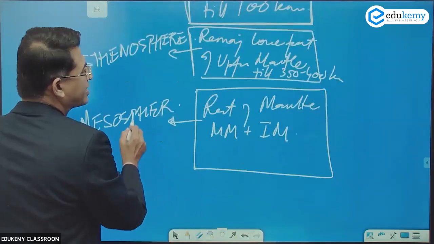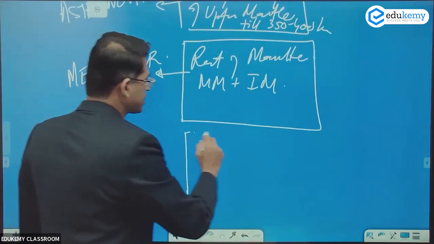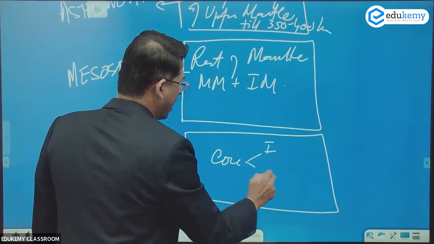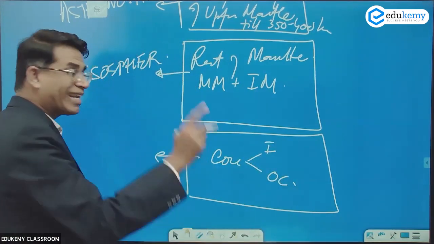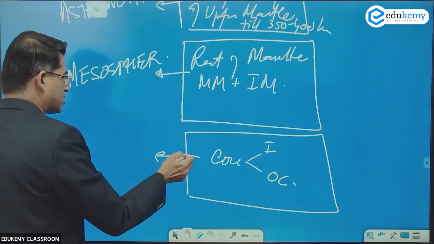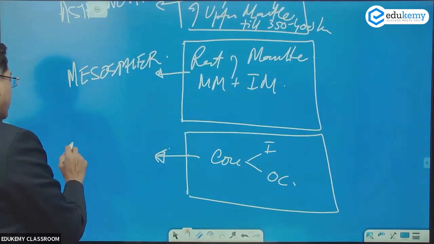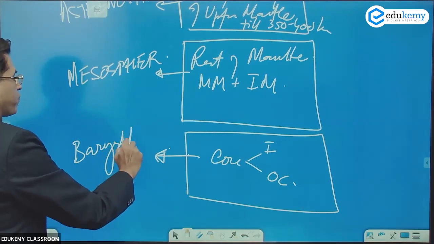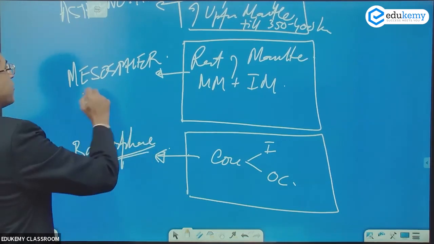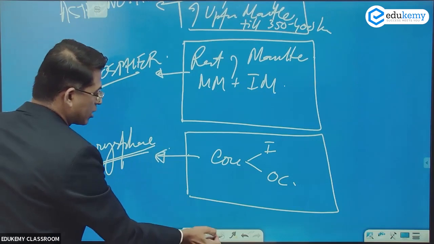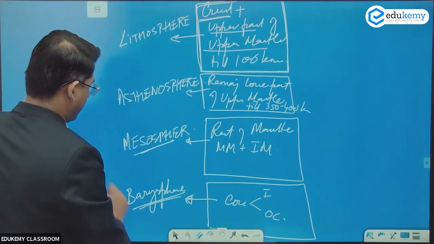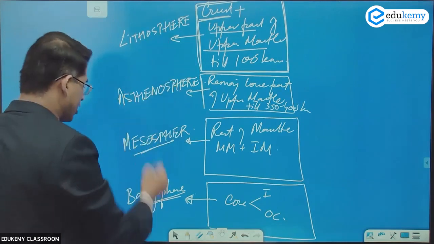And what is the rest? और क्या बचा आपका? इसके बाद क्या बचा? This is the core. Both the inner core and the outer core act as one unit. This is called the barysphere. The mesosphere, the asthenosphere, and the lithosphere.